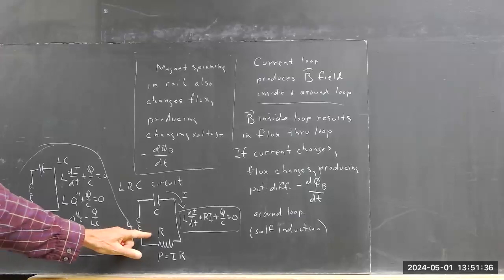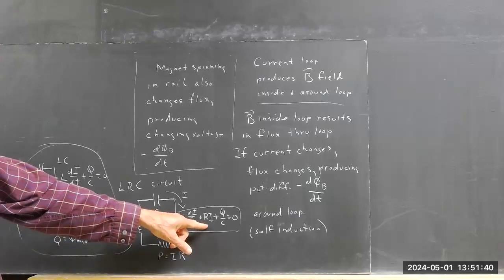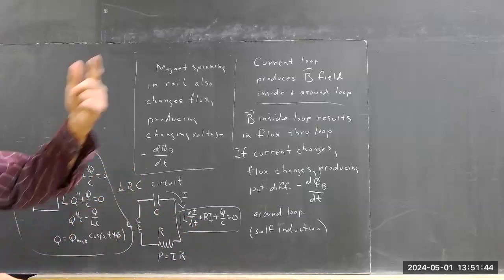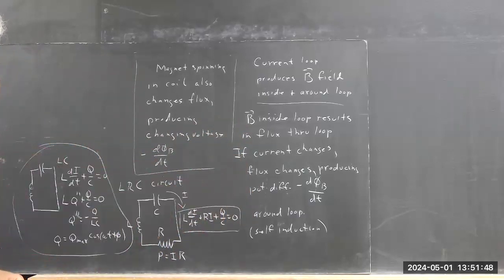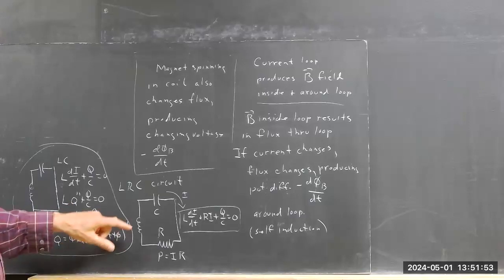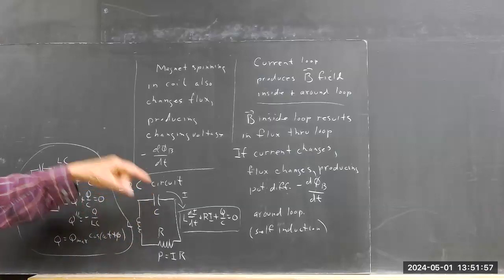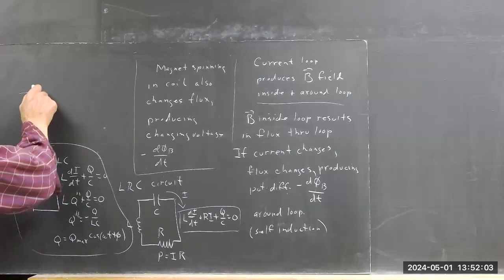If you toss a resistor in, then you've got this. If it's just a little resistor, it'll still oscillate, but it's losing current. So you get these oscillations that gradually decrease. Okay. If you leave this out, then you just have an RC circuit. I'll do it real quickly.